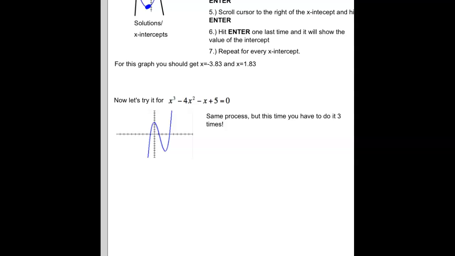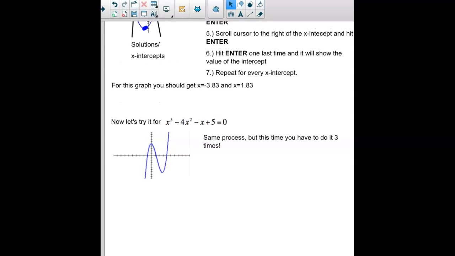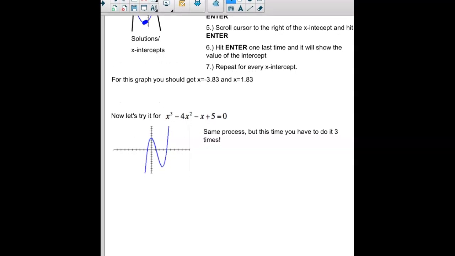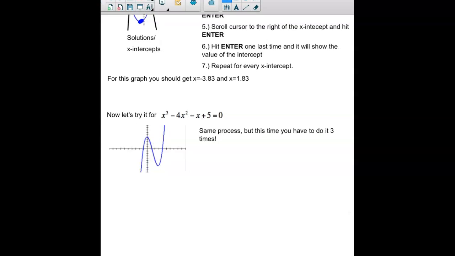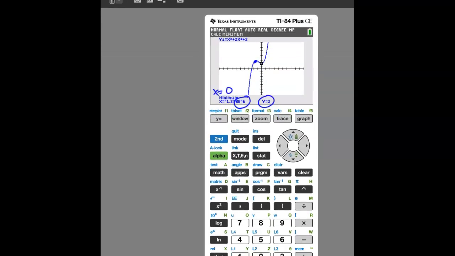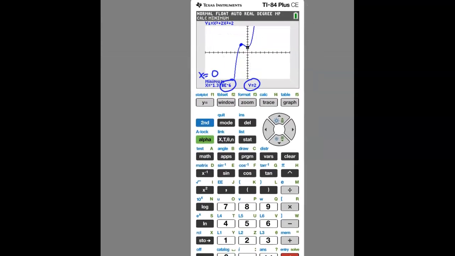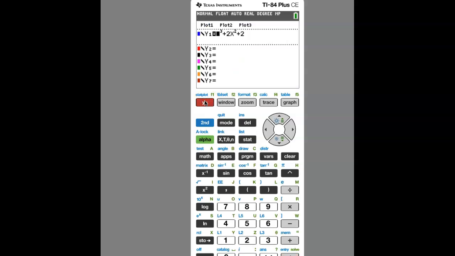Okay, so let's try x cubed minus 4x squared minus x plus 5. All right, let's grab our calculator. All right, let's enter our equation.